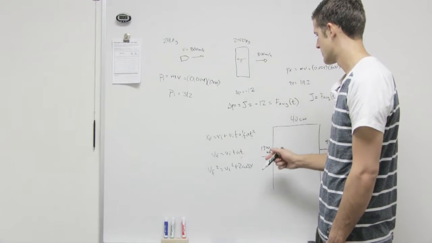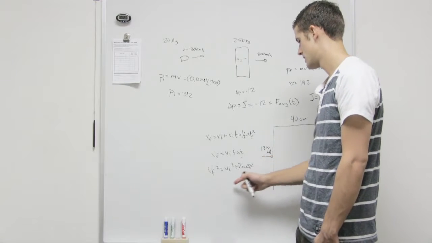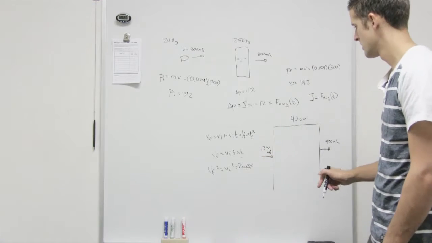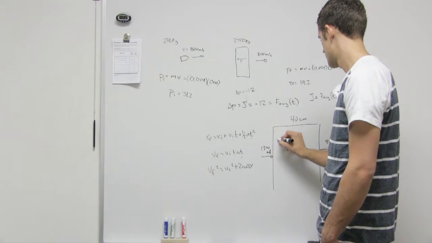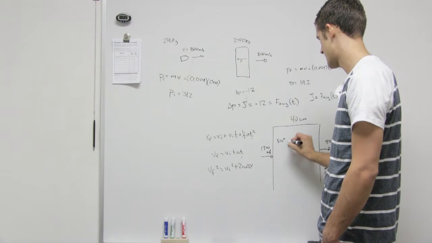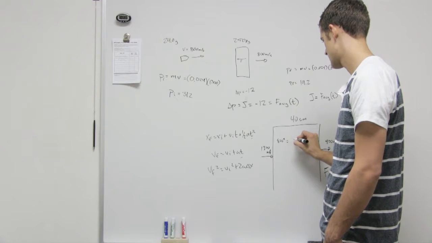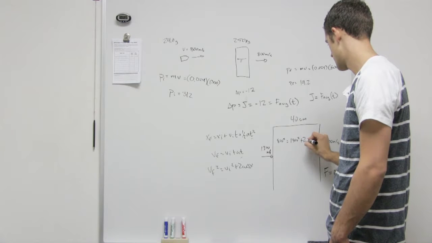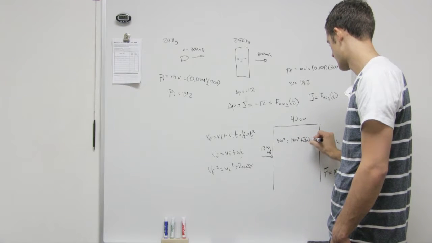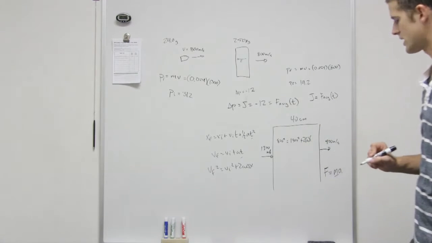So we can't use either of these equations, but this one we can. What's our final velocity? 800. So you have 800 squared equals the initial 1300 squared plus 2a, where a is what we're looking for. What's the change in x?